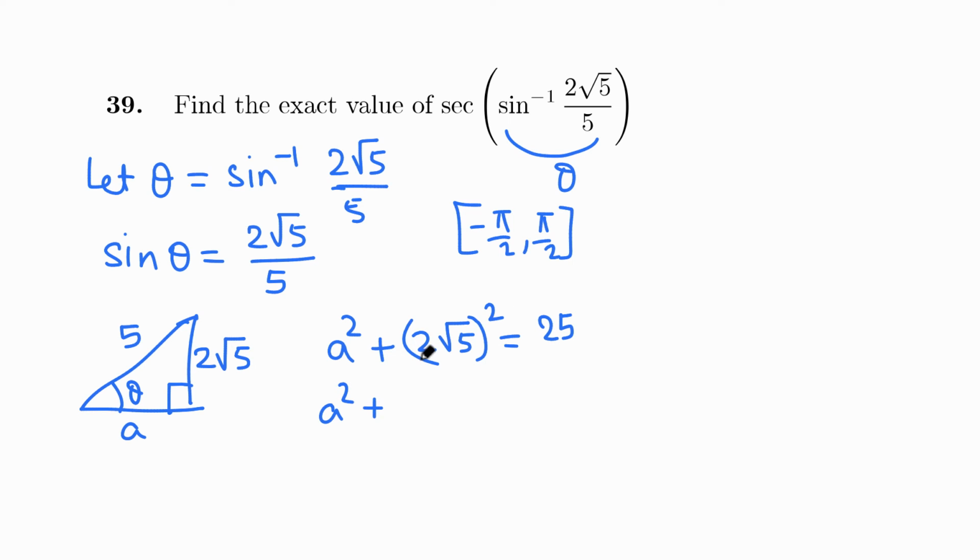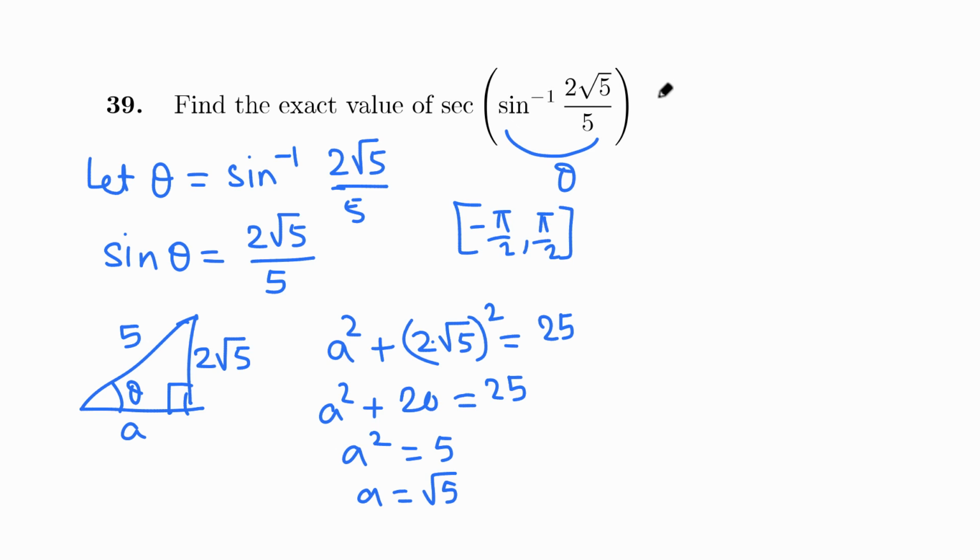When we square this, this is 2 squared 4 times √5 squared. √5 squared is just 5, so 4 times 5 is 20, so this will be 20, or you can punch in your calculator, equals 25. Subtract 20 from both sides, we get 5. Take a square root, so a is square root of 5, and this is positive because everything is positive.